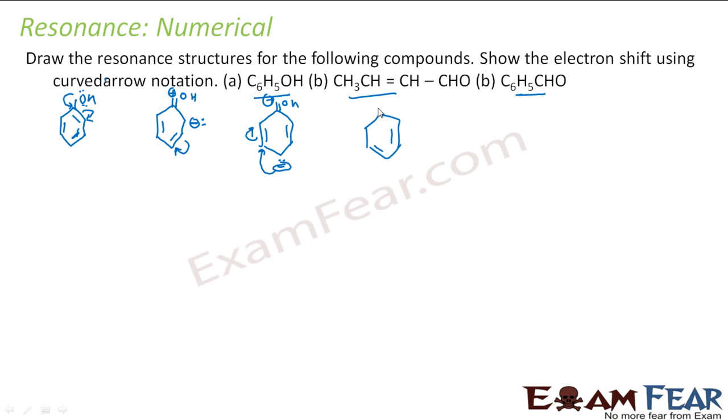This will become OH plus, and here you will get a lone pair of electrons and negative charge. Now in this case, this electron will travel from here to here. It will break a bond, and it will move the positive charge from there. So it will form something like this. So if you see, there are so many structures for C6H5OH.